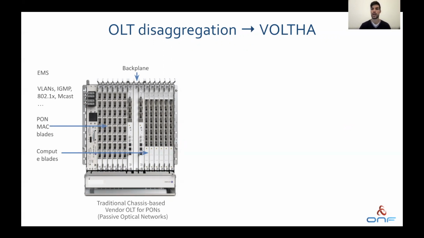This chassis comprised both PON MAC blades for the passive optical networks, but also compute blades for packet handling. Usually this was vertically integrated from the same company providing hardware and software, and not just the OLT hardware, but also the ONT, ONU hardware, that is the equipment that goes into the subscriber's home.